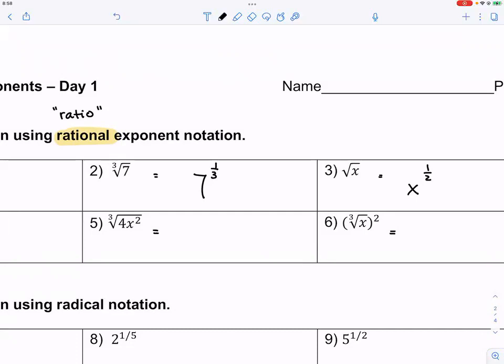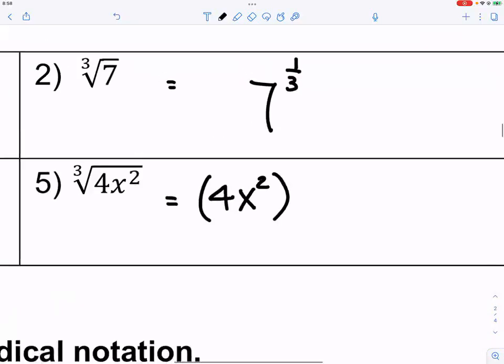So for number 5, it will be 4x squared to the... well, now, if I put the parentheses around the whole 4x squared, then it's just the 4x squared to the 1/3 power.